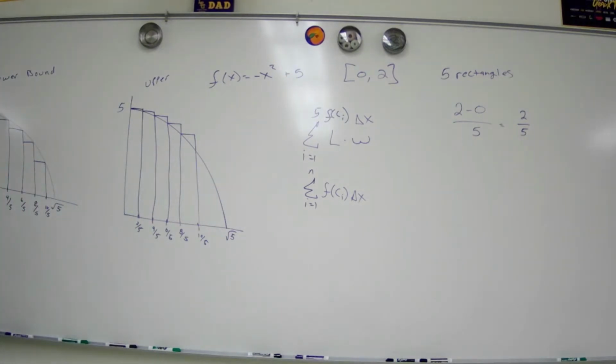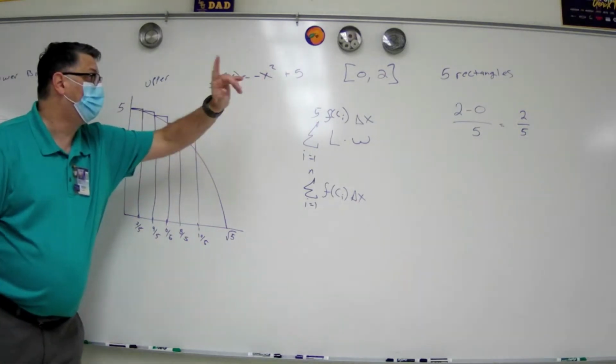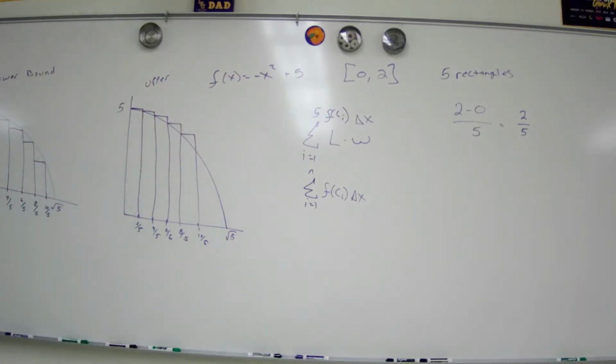So let's do it. Let's find an upper and lower bound of negative x squared plus 5 from 0 to 2.